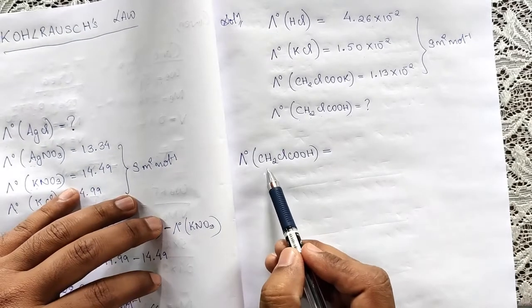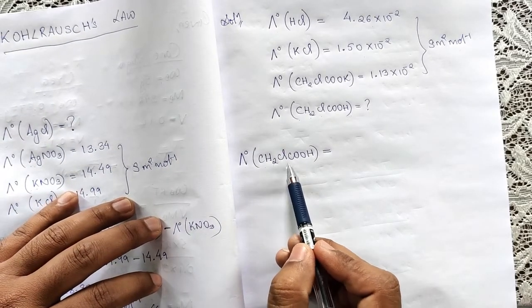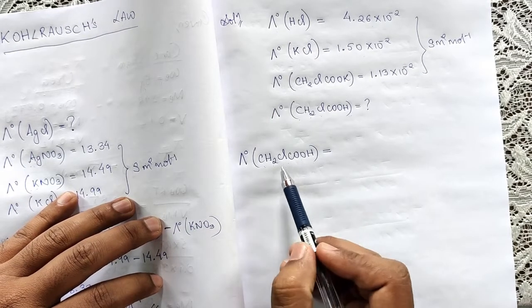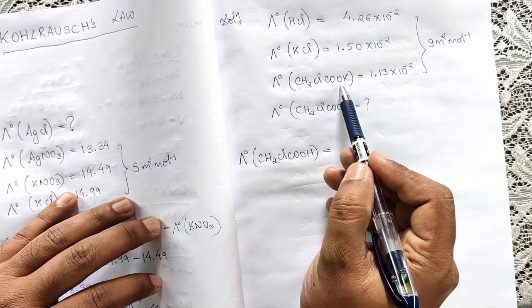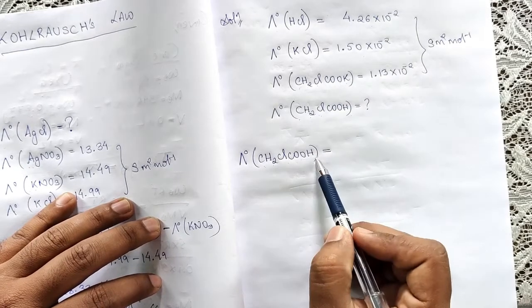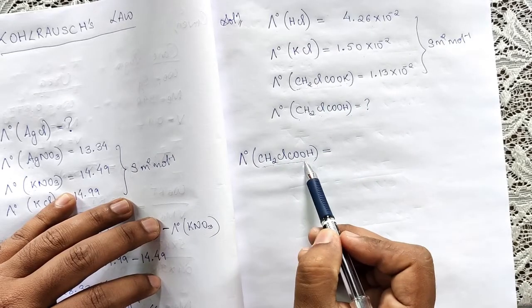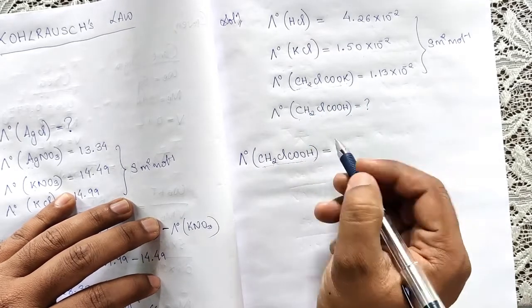So now again we'll look out here. CH2Cl COOH. Where do we have this one? CH2Cl COOK. This is K, but this is H. But all this part is similar out here. So first I will write down this one.